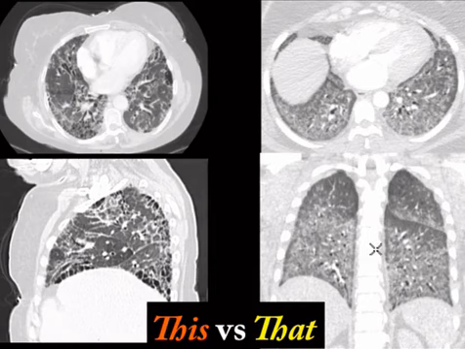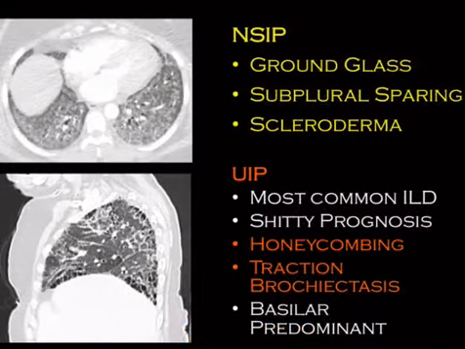So the way to keep these guys straight basically is buzzwords. Honeycombing is UIP. Traction bronchiectasis is UIP. Now, the things you need to know about UIP in addition to that are, well, let's back up.